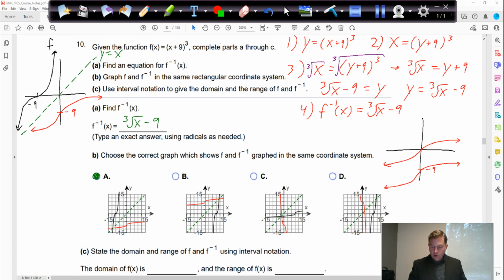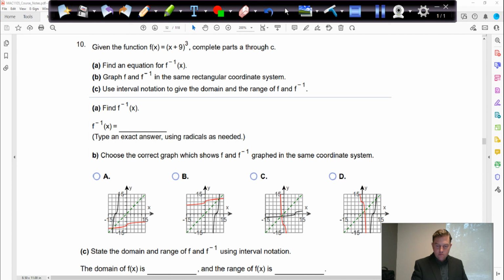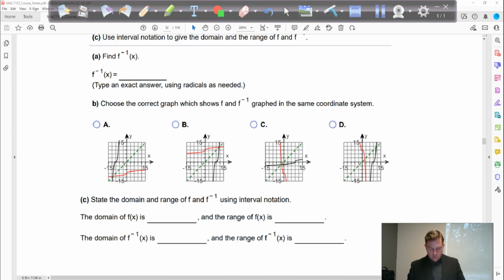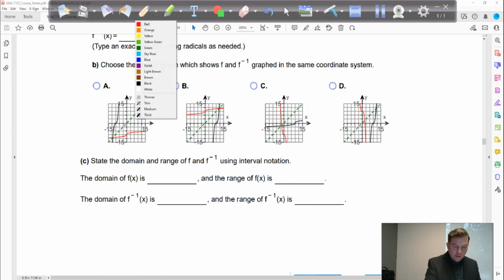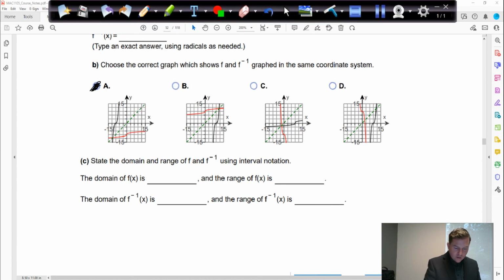Okay, now that we have the right picture, let's go down and calculate the domain and range. So the domain, so the answer was A. And looking at the black curve, the original function, its domain, so it's going to go left to minus infinity, and it's going to be angled up to the right to positive infinity, so it's going to see everything.